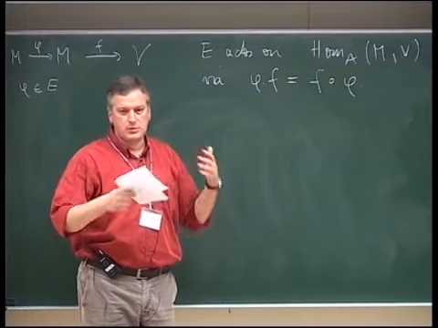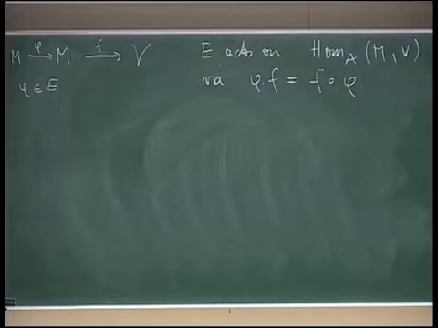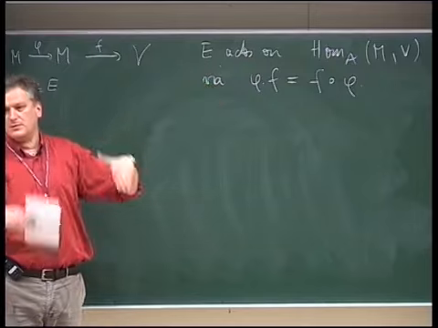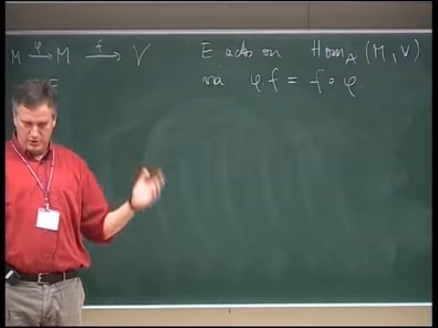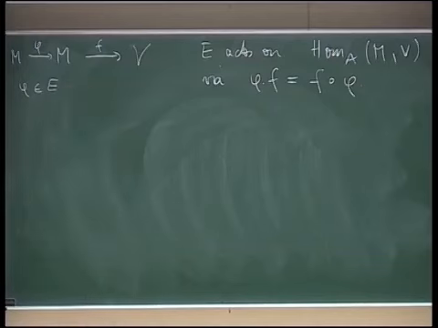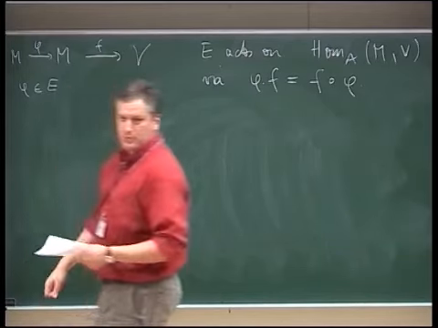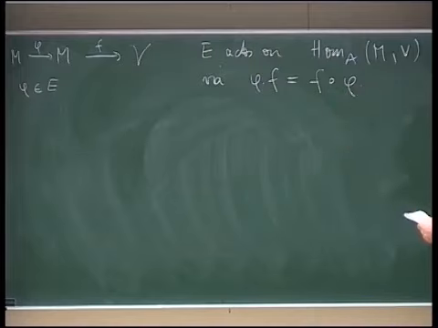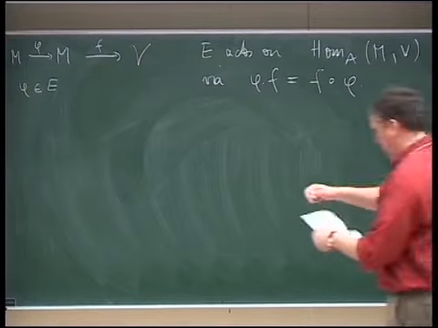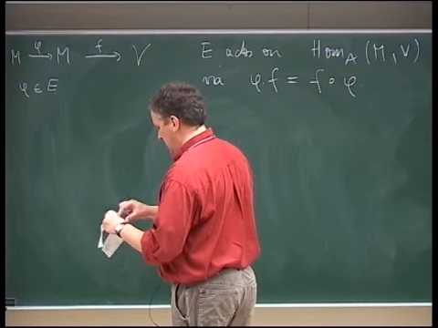Otherwise, if you don't like to use the opposite algebra, then you have to take right modules. It's a question of what you prefer. If you just want to stay within left modules, you have to pay this little price. So this is a very general thing, of course, and it's somehow surprising that one can say something non-trivial there at all.